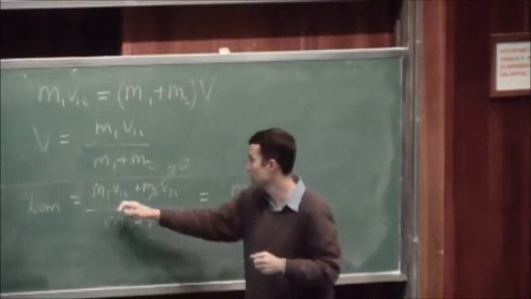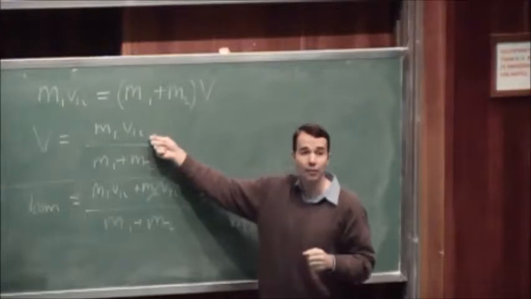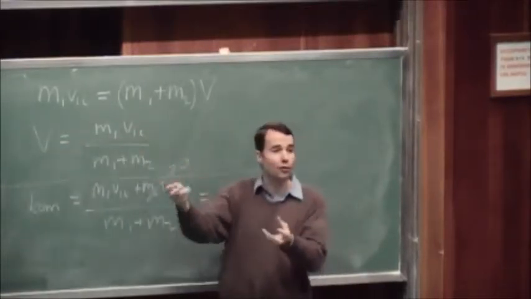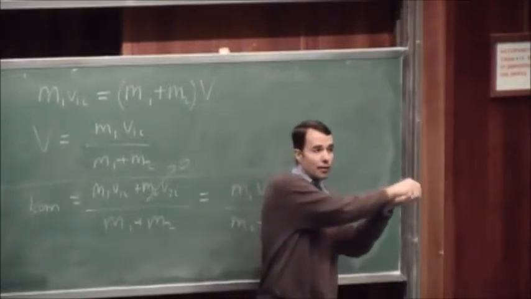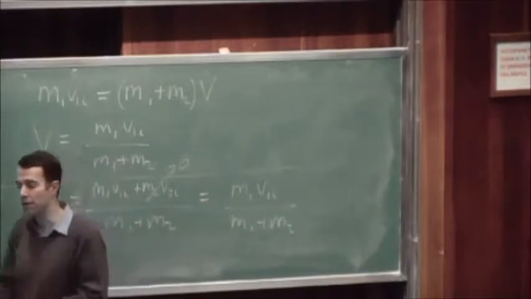This is the velocity of the center of mass before the collision. This is the velocity of the center of mass after the collision, but it's also the same velocity with which both of these particles leave together. Which makes sense, right?